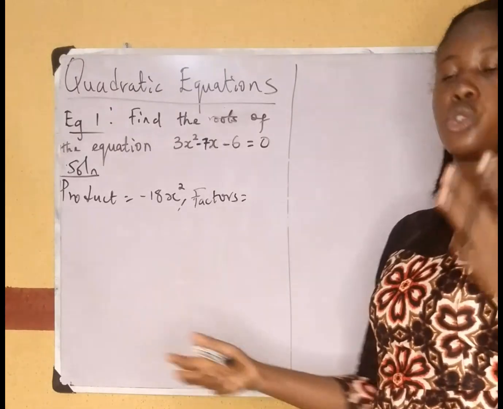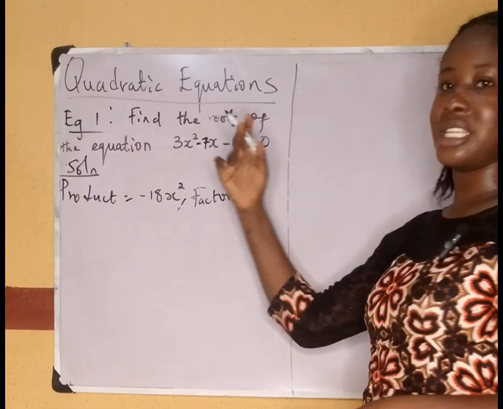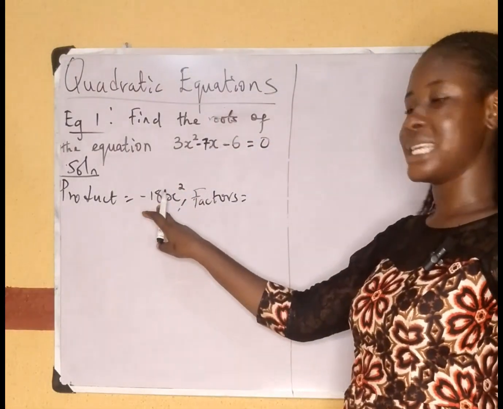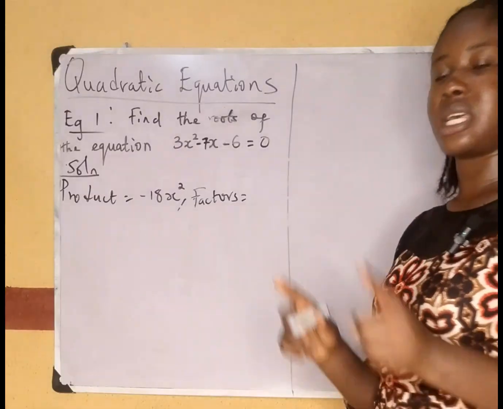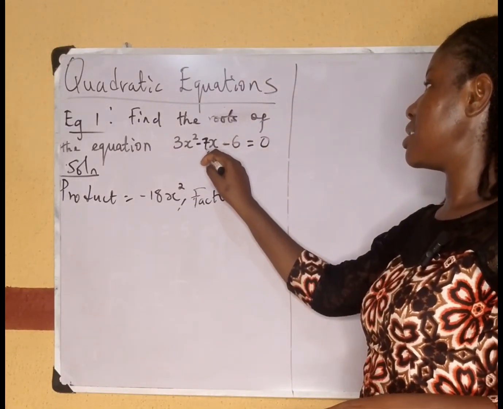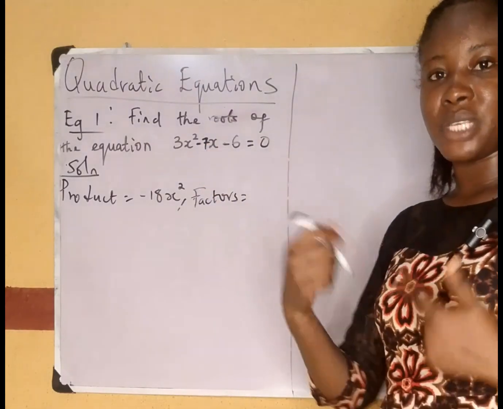9 and 2. 9 and 2 will give us 18, and you can see 9 minus 2 is 7. Remember, because the product is negative, one has to be positive and one has to be negative. Because the middle term is negative, it means the bigger one should be negative.